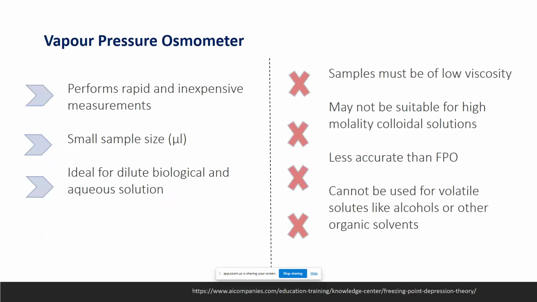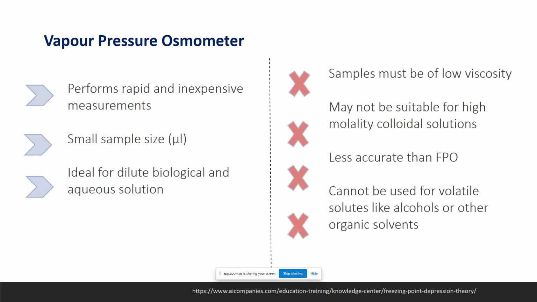And there's a major drawback in that they also cannot detect volatile solutions such as alcohol, which in clinical practice is quite an important use of osmolality when you have a physician suspecting that a patient has ingested something like methanol or ethylene glycol.